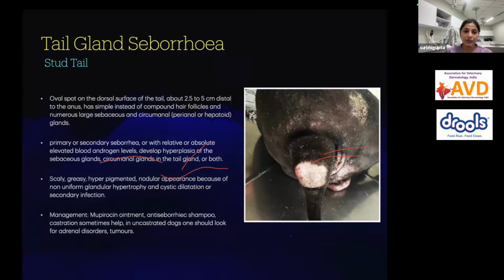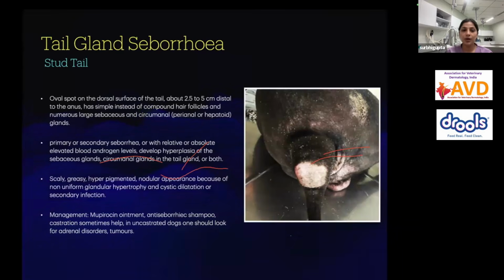If this is seen in a castrated dog, one should go for a biopsy to rule out tumors, and look at the adrenals properly, because adrenal glands also control these secretions.